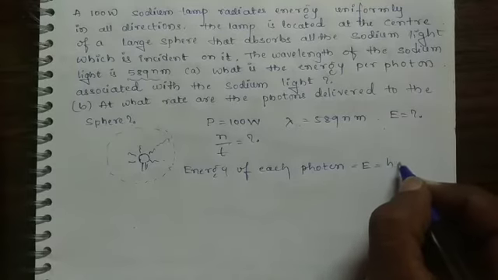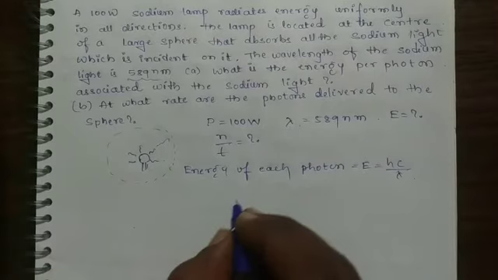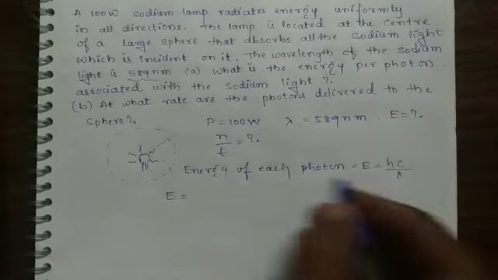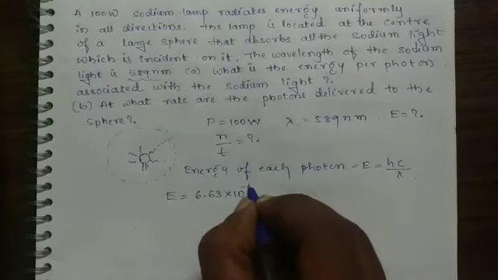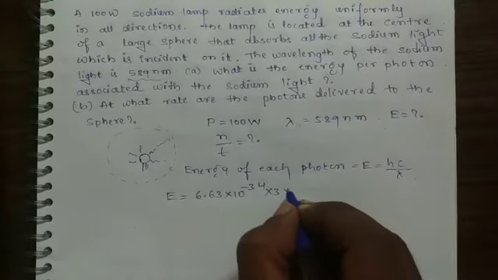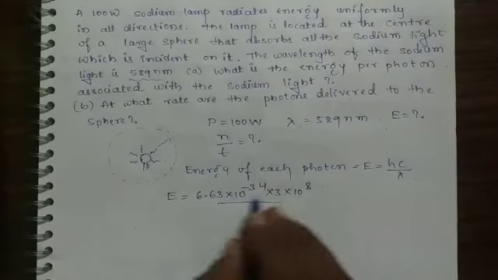So the equation is E is equal to h nu. So nu value is c by lambda. The next one, so here E is equal to h, it means 6.63 into 10 power minus 34, into speed 3 into 10 power 8 meter per second, divided by wavelength.